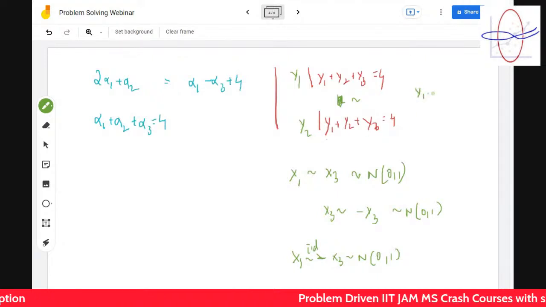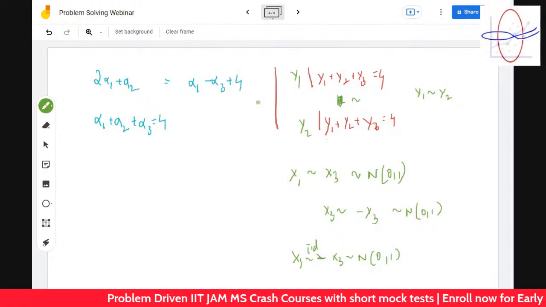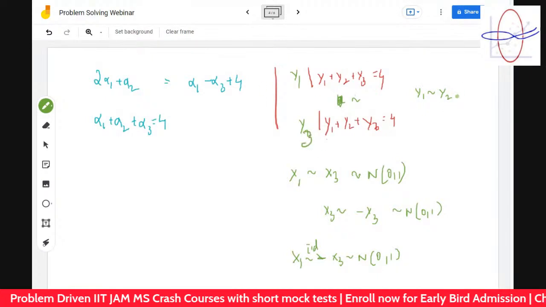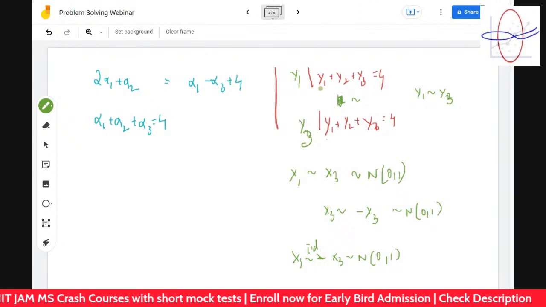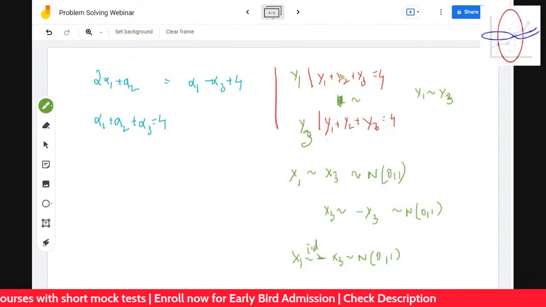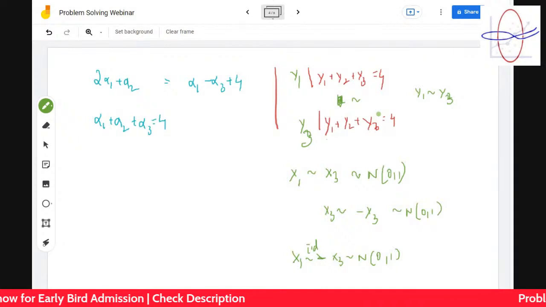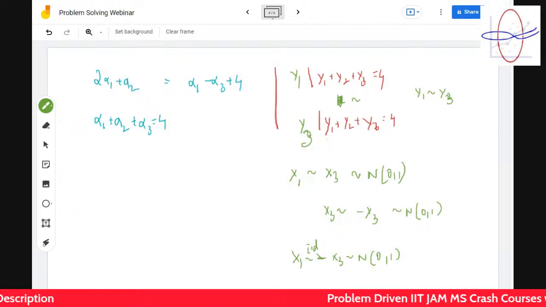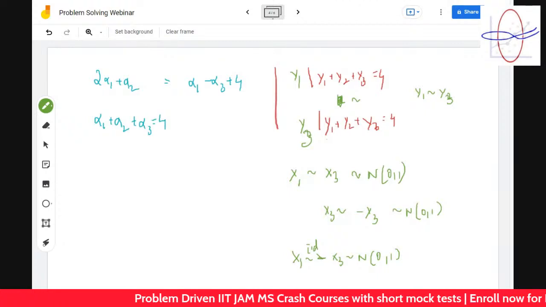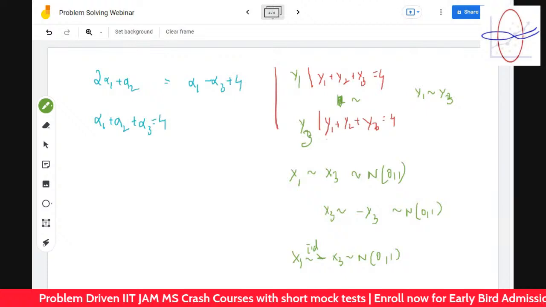It's not the same as y3 given this, because y1 and y3 are differently distributed. So this will not be the same. Do you understand this, guys? This is where the symmetry is coming up. Any doubts?